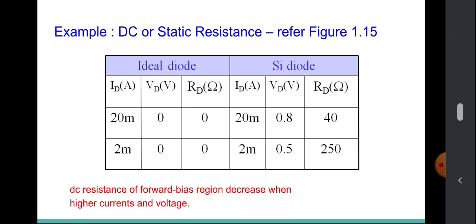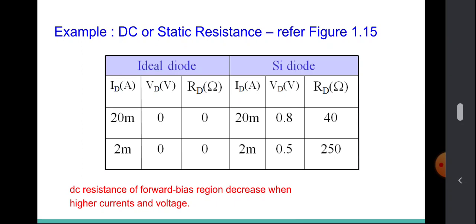So when current is 20 milliamp, the voltage in the ideal diode is 0, and the resistance is 0. But in the silicon diode, when the current is 20 milliamp, the voltage is 0.8 and the resistance is 40 ohms.